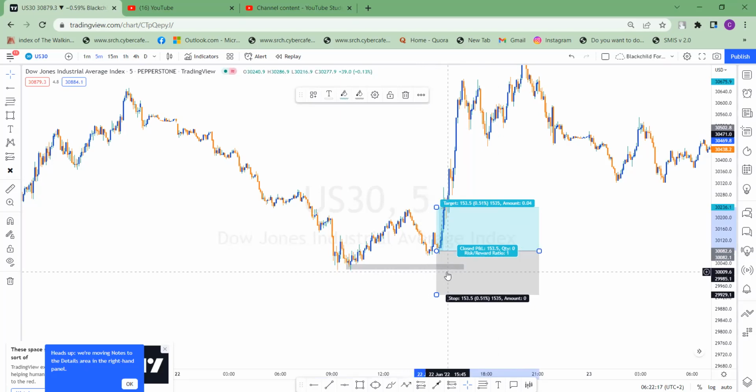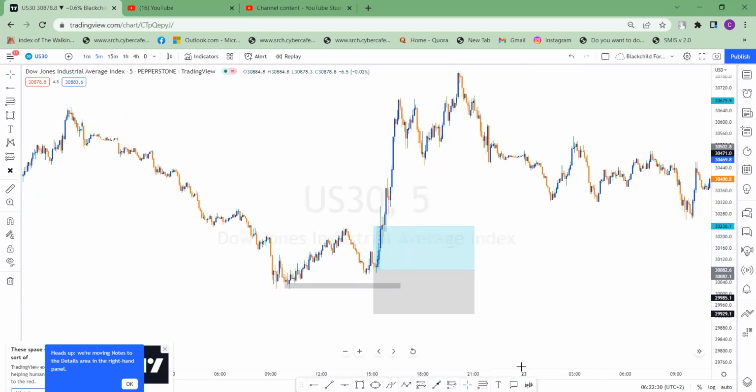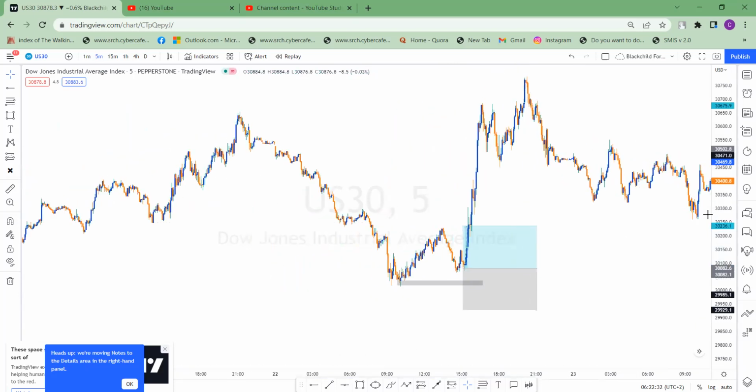Why? Because they didn't wait for confirmation. So it's nice to wait for confirmation, because confirmation is part of risk management. It's going to help you manage your risk, preserve your capital and all that. But if you just go with risk entries, you need to be aware of the price that you're going to pay.